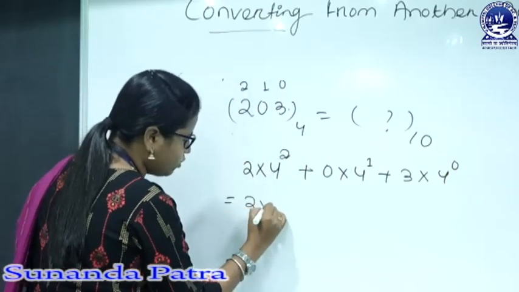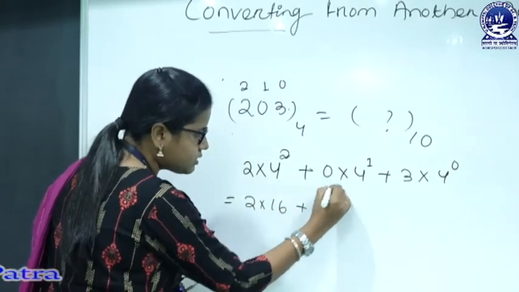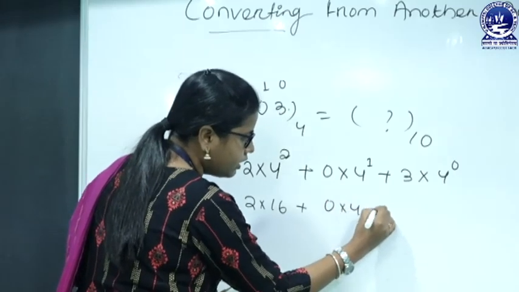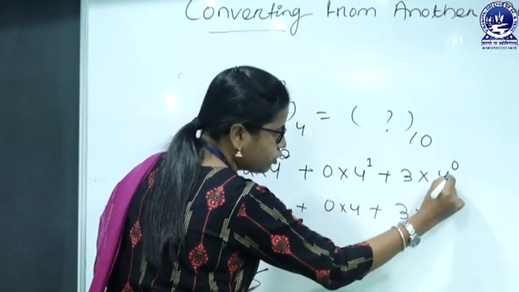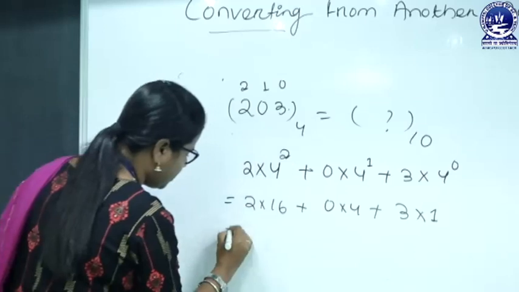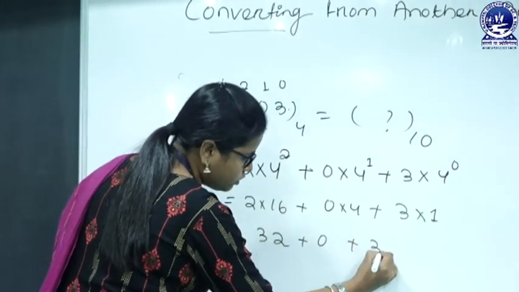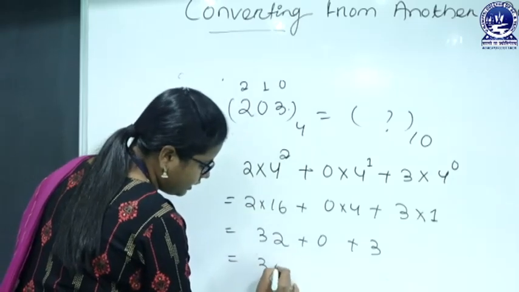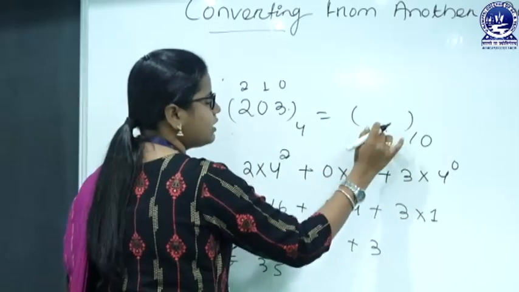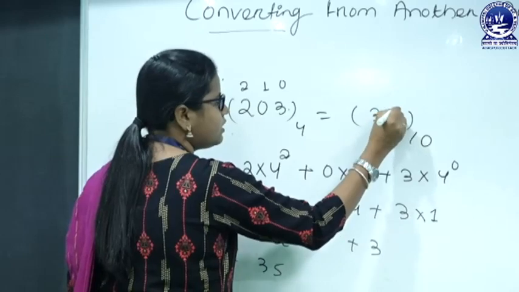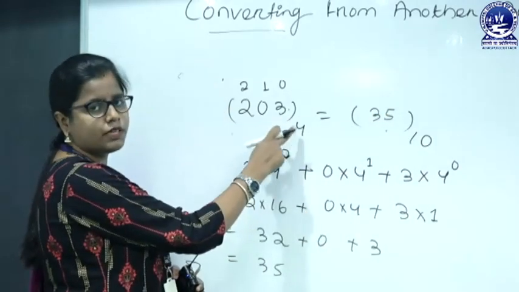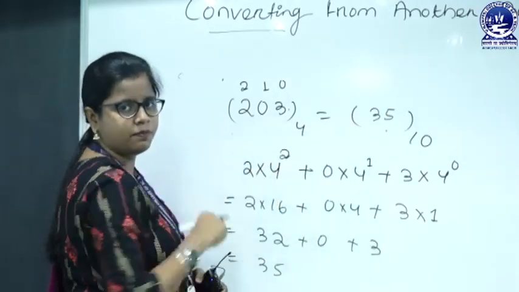So 2 into 16 plus 0 into 4 plus 3 into 4 to the power 0, that is 1. So this is 32 plus 0 plus 3, which is 35. So we can say the equivalent decimal for 203 base 4 is 35.